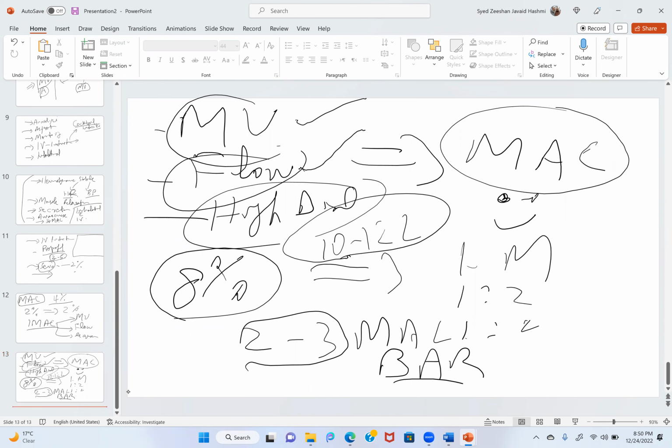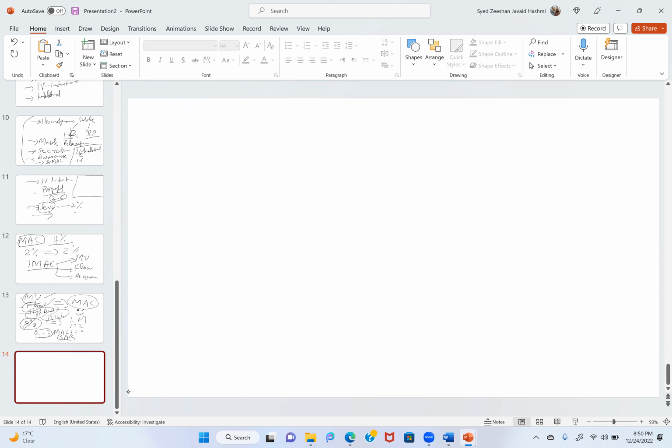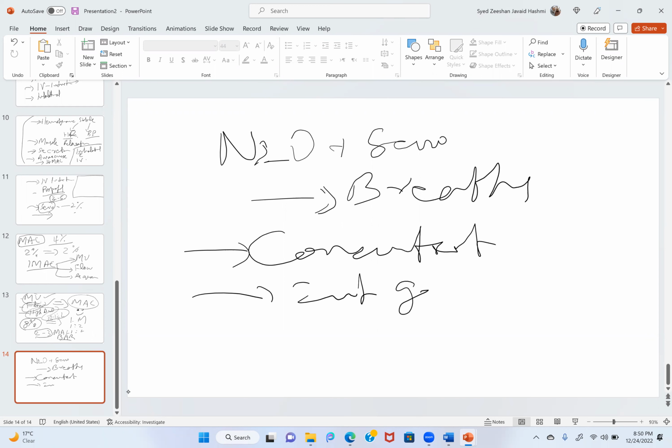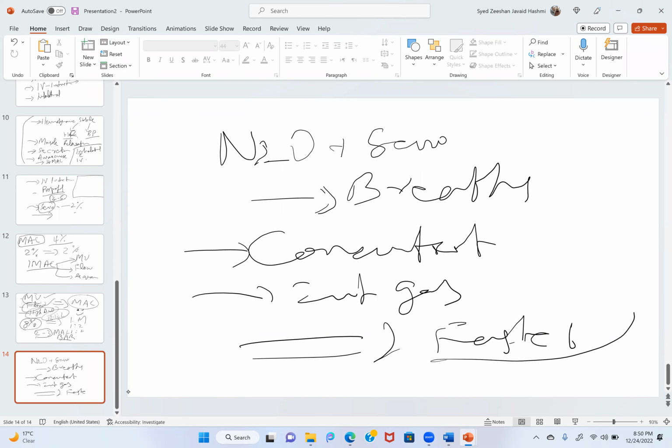And another thing is that when you are doing pre-oxygenation, for example, if you don't expect difficult intubation, if you just open nitrous oxide and sevoflurane and take a few breaths, there will be the concentration effect and the second gas effect, and your induction will be even faster.